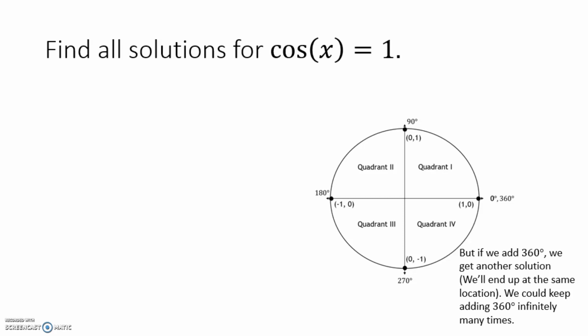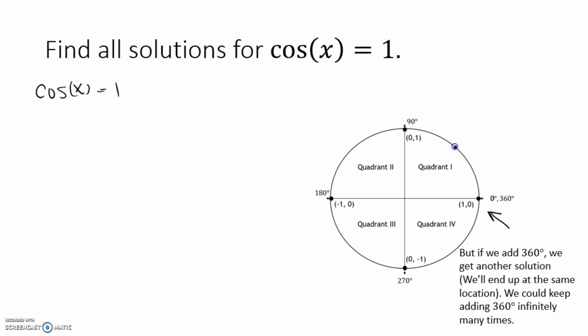So the first thing I'm going to do, go ahead and write it down, is equal to 1. And then what you can do is, well, where is cosine of x equal to 1? So I'm going to go back to my unit circle, and at this point right here, where it's 0 degrees, there's a 1 and there's a 0.